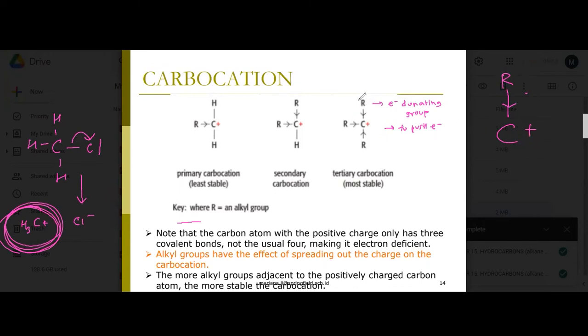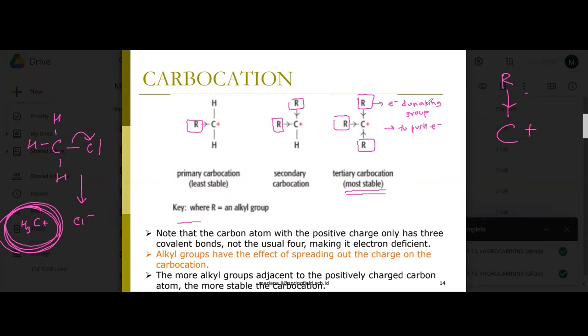Okay, so you can see that if you have many R groups, for example, in tertiary carbocation, there are many R groups. That means they spread out the positive charge in the carbon. There are three groups that help to spread out the charge. So that's why tertiary carbocation is more stable. The secondary only has two R groups that help to spread out the charge, and the primary is the least stable since it only has one R group.